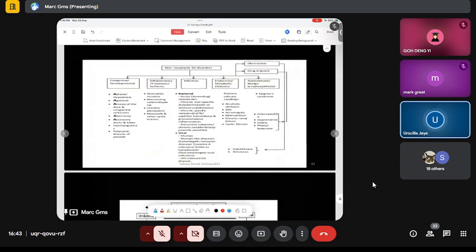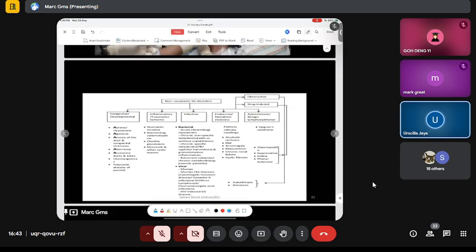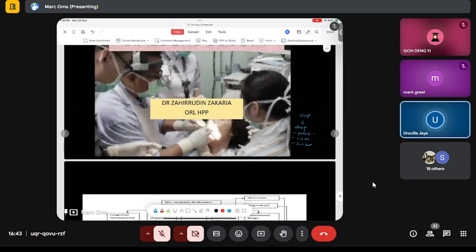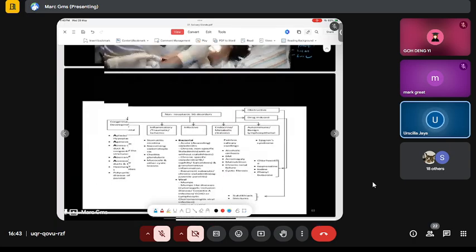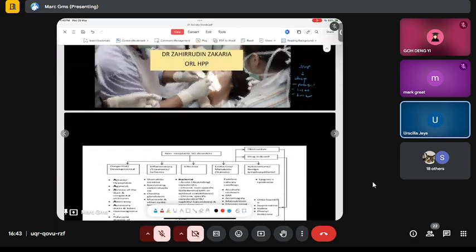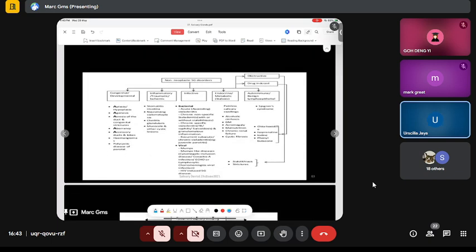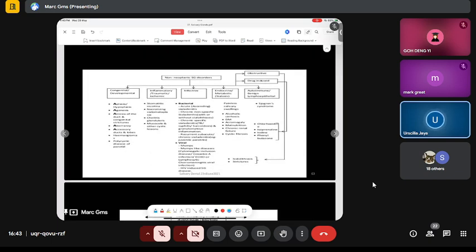Mr. Zahir is one of the head and neck surgeons in Malaysia that actually does sialendoscopy. Even in KL, I don't think anyone does it. In the northern region, they all refer to Mr. Zahir. I don't think anywhere else they do it besides Mr. Zahir. Next. So this is the same one. Next.